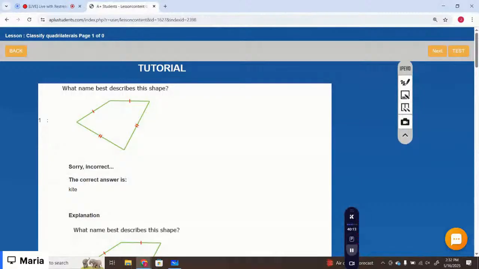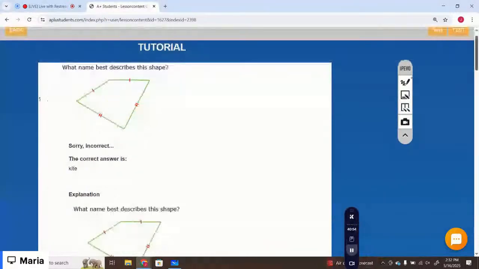What name best describes this shape? That is a kite.